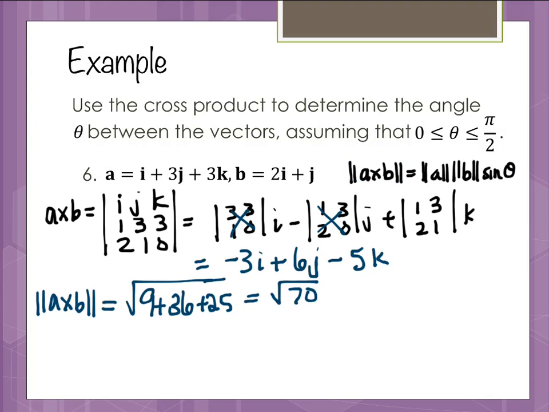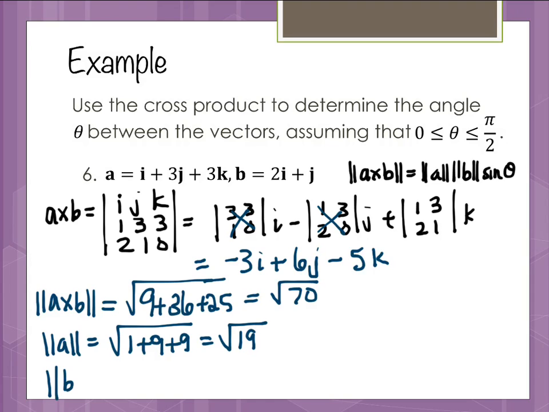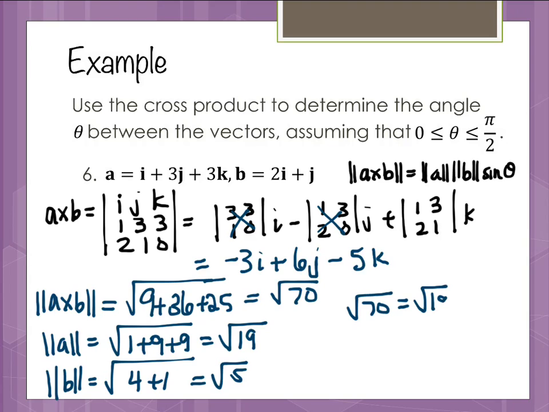So now that we've got the left-hand side here, we need to find the magnitude of A and the magnitude of B, respectively. So the magnitude of A would be the square root of 1 plus 9 plus 9, which is the square root of 19. And the magnitude of B would be the square root of 4 plus 1, which is the square root of 5. So if I take this formula, then I've got square root of 70 equals the square root of 19, square root of 5 sine theta.